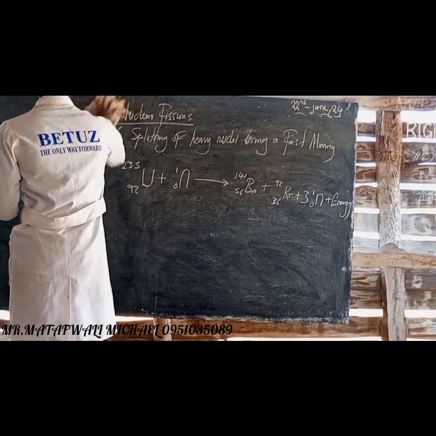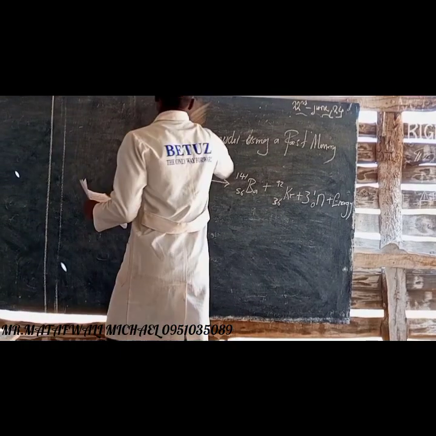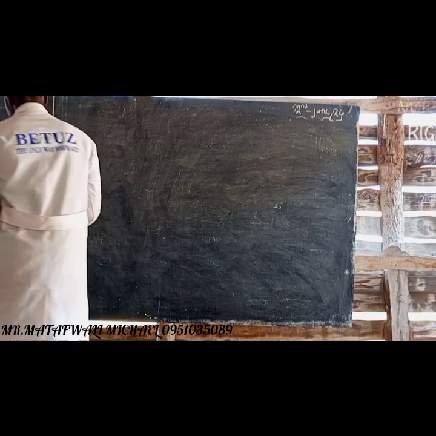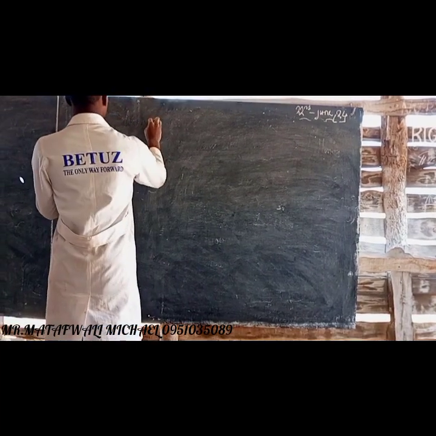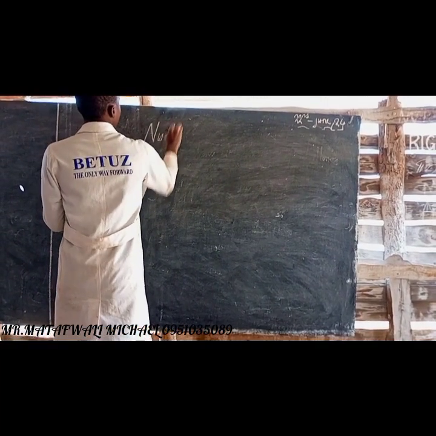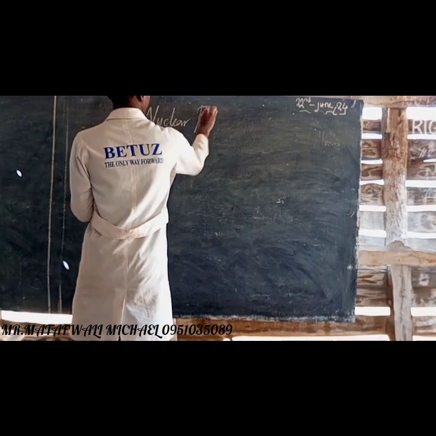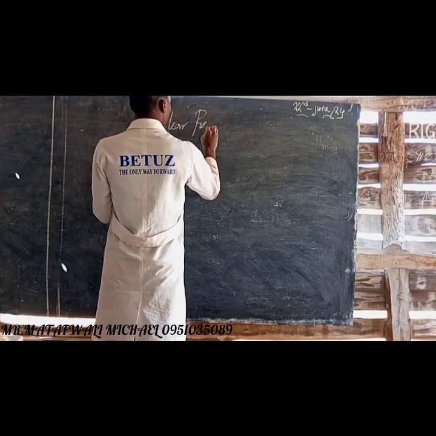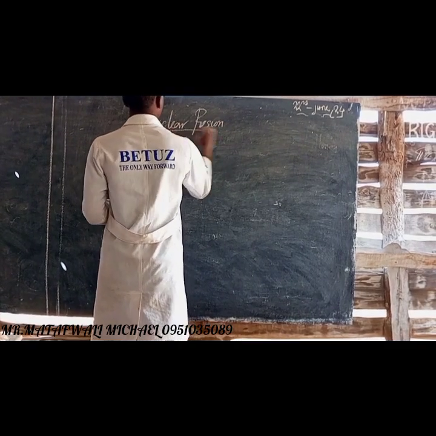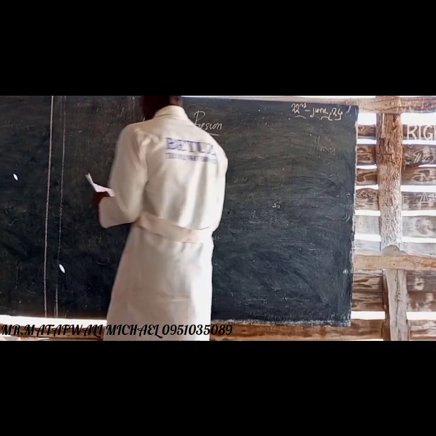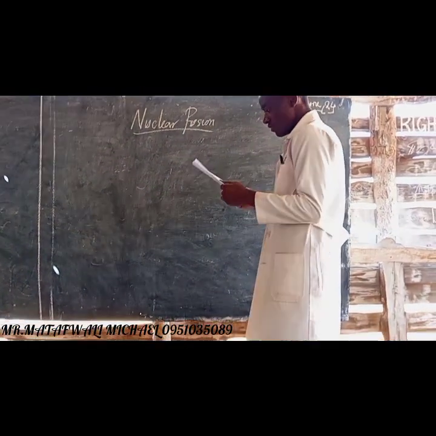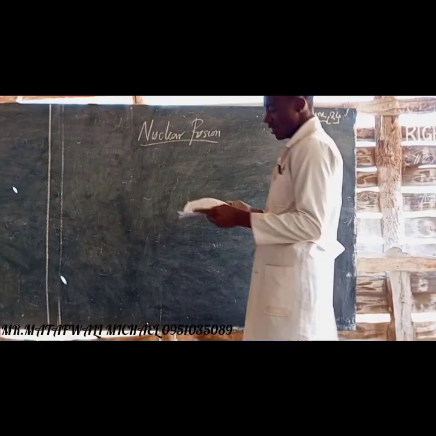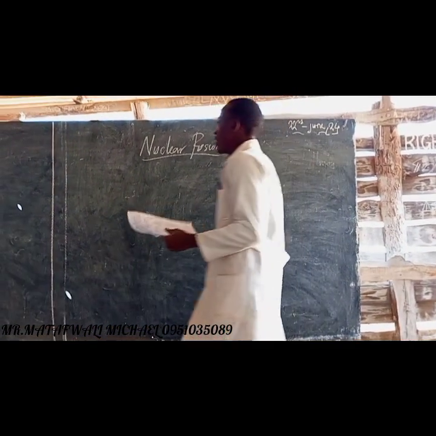Then we are going to conclude the topic by looking at nuclear fusion. So nuclear fusion. This is the process by which two light nuclides unite to form a heavy nuclide.